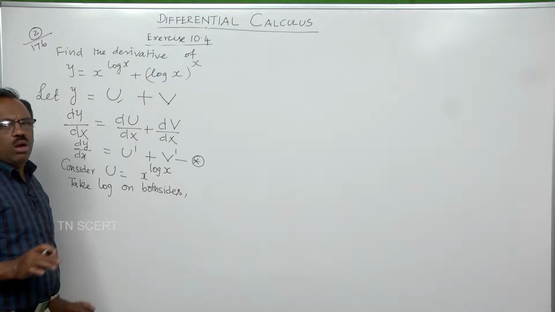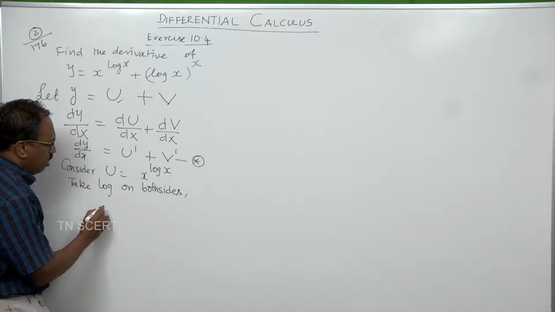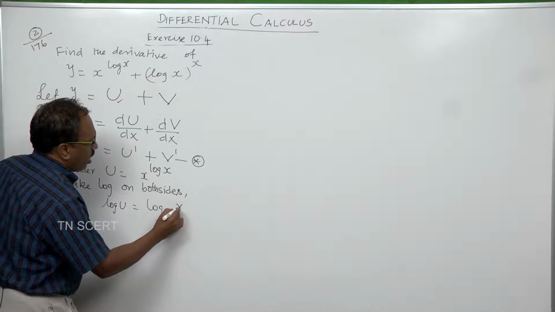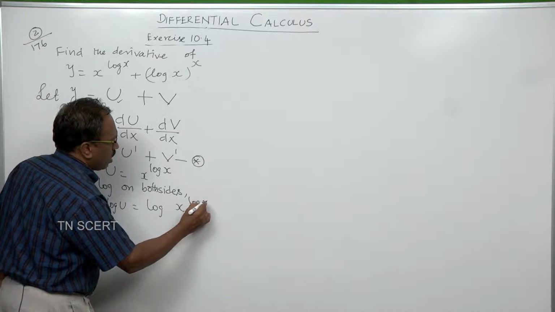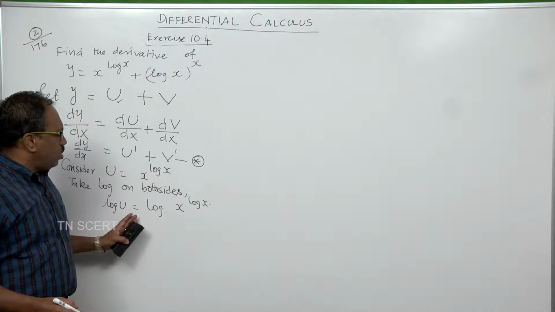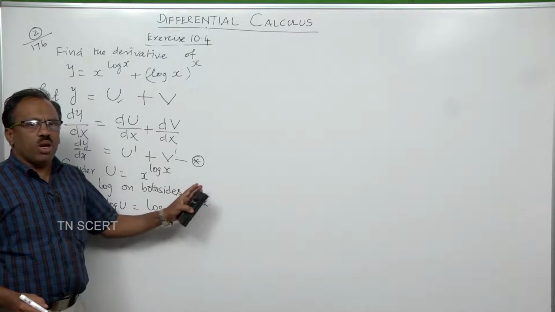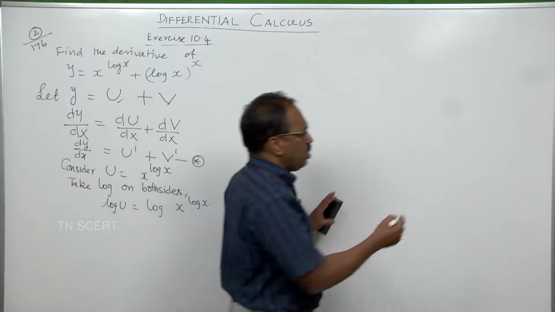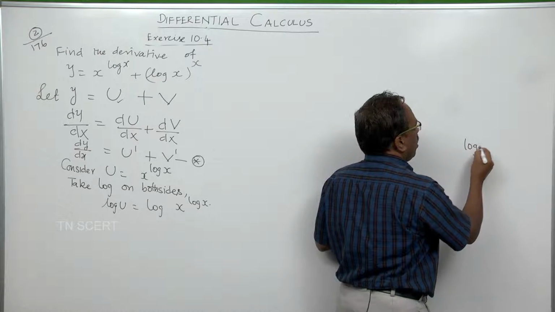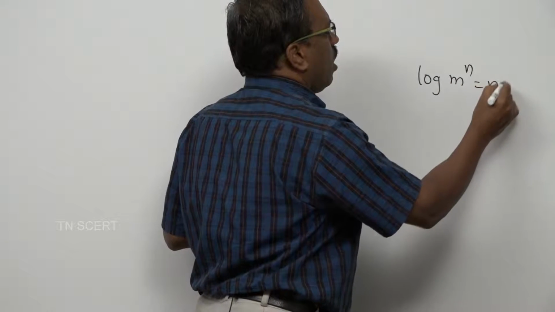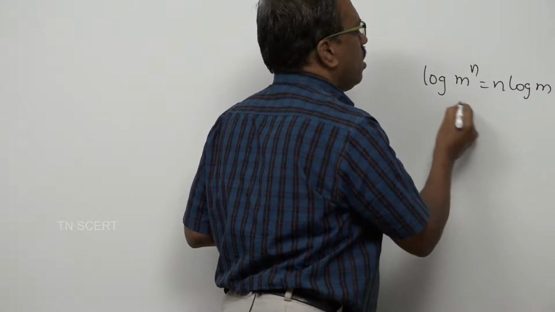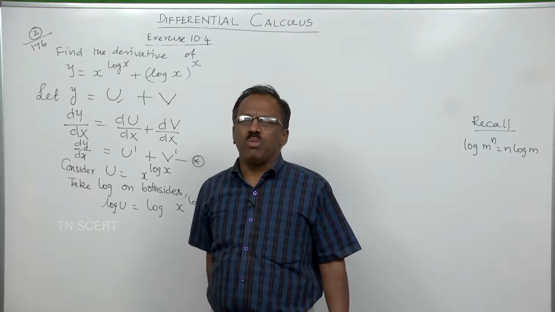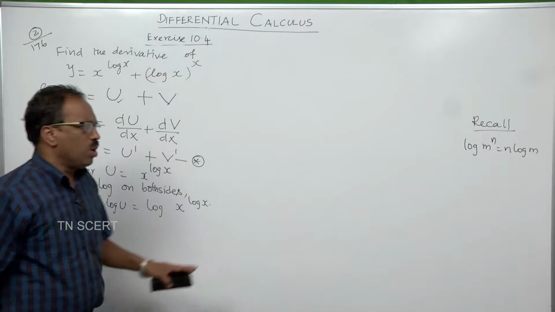Once you take logarithm on both sides, what happened? Log u equals log of x power log x. Remember that. As you know, log of m power n is n log m.